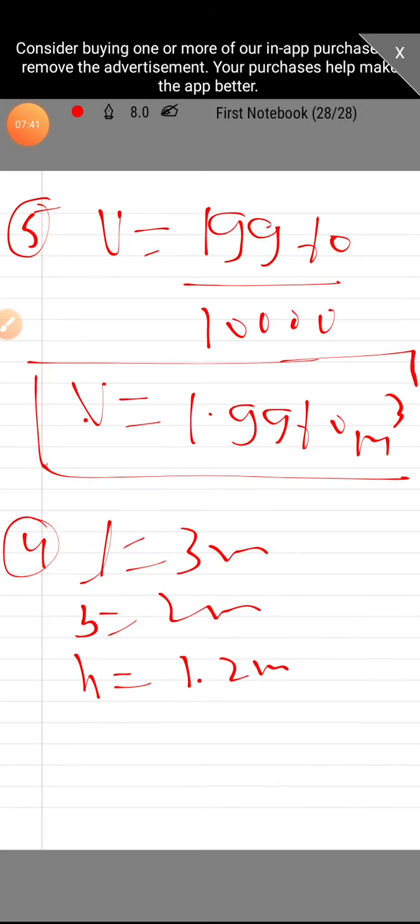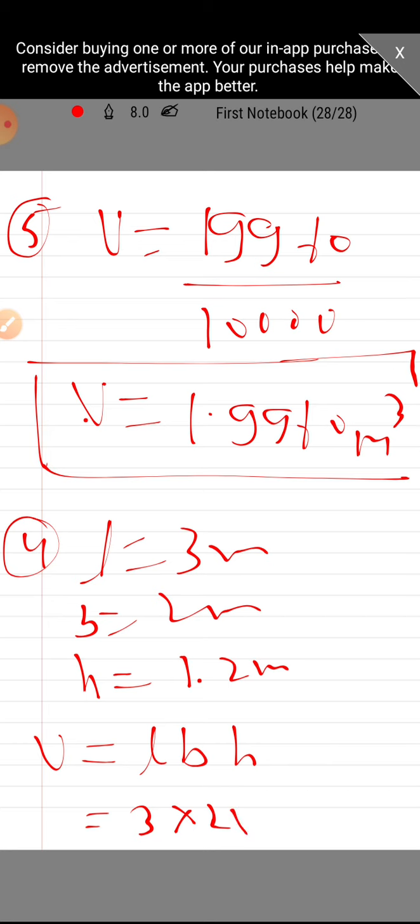You have to calculate the volume in meter cube. So volume is equals to L into B into H. Now you have 3 into 2 into 2 into 1.2.